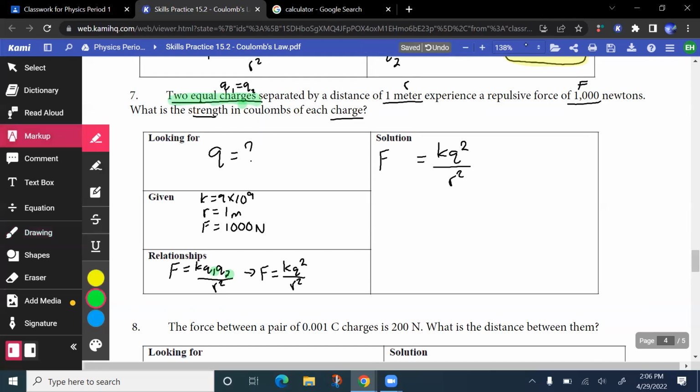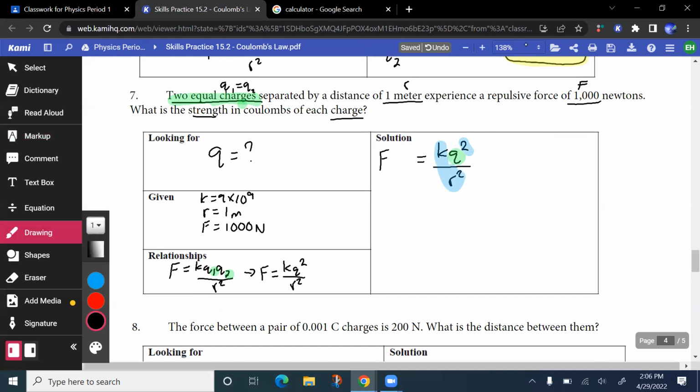Okay, now keep in mind we are solving for Q. So you're going to have to get rid of the K over R squared and then the square root. We can do that by multiplying by the reciprocal, which is R squared over K. Start there first. R squared over K, those cancel. And then you'll square root both sides to get rid of the square.